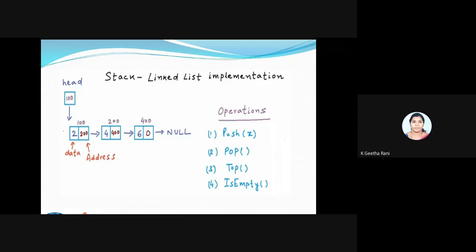My head pointer variable will have the address of my first node. And my last node will have an address called null. This is the representation of a linked list.